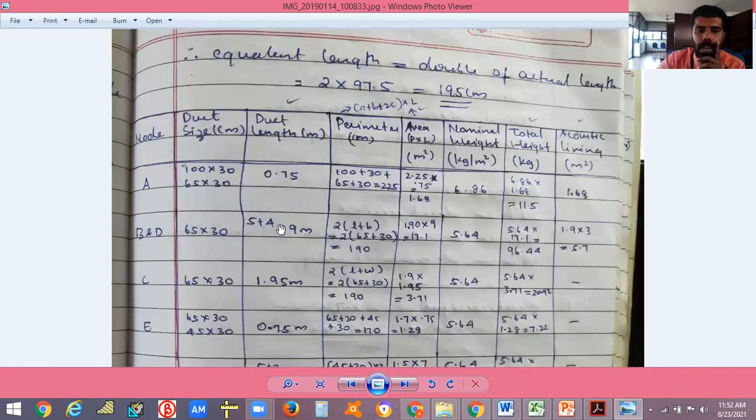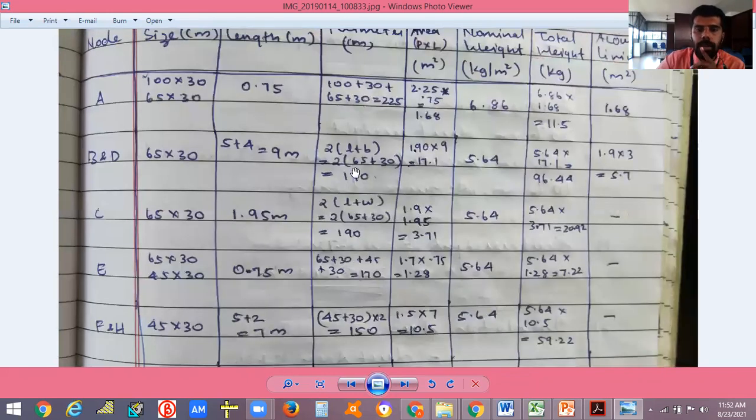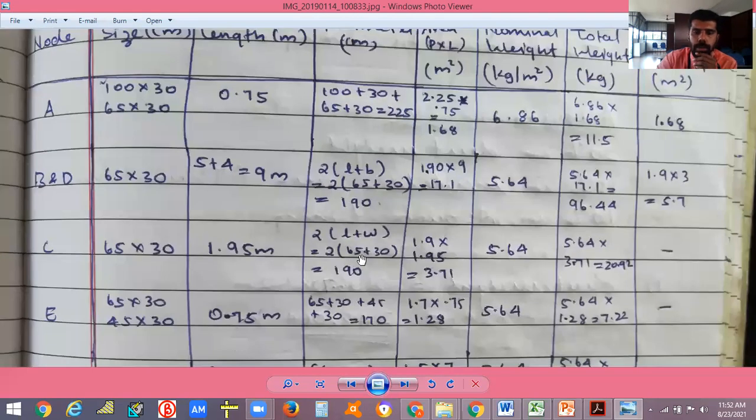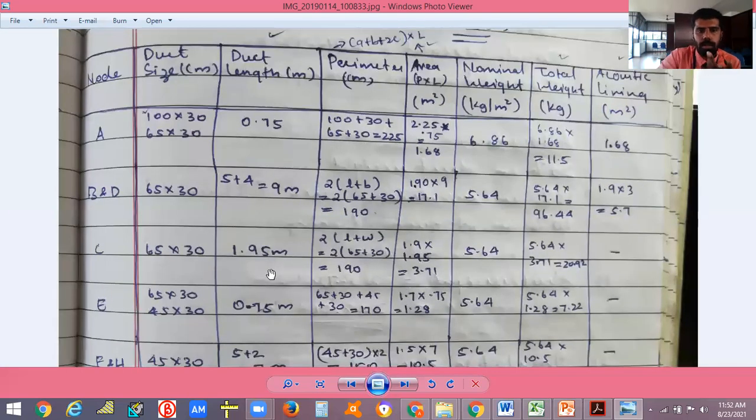And the perimeter is the same formula, 2 into L plus W, or L plus breadth. Then the same way, area is equal to perimeter into duct length. Nominal weight, the same way you find it out. The total weight, you multiply this with this, you'll be getting this answer. Acoustic lining you don't want, because only for the first 3 meters we are looking. So here you just leave it out.